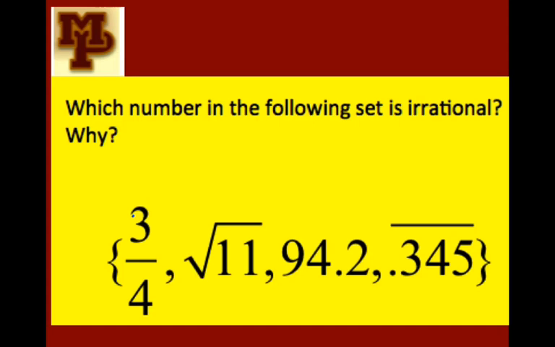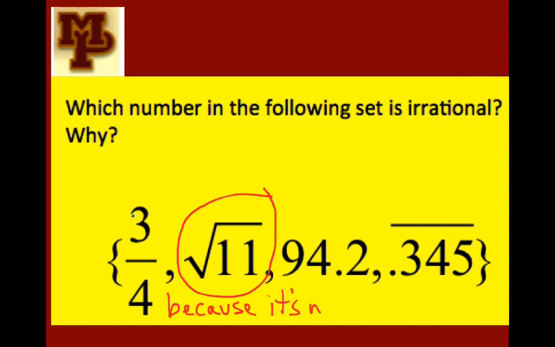We're going to do a little bit here with rational and irrational numbers. Which one is irrational? That would be the radical 11, because it's not a perfect square. So make a little note here, because it's not a perfect square.